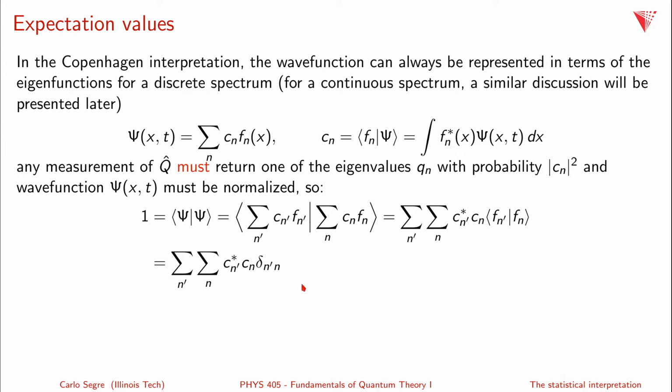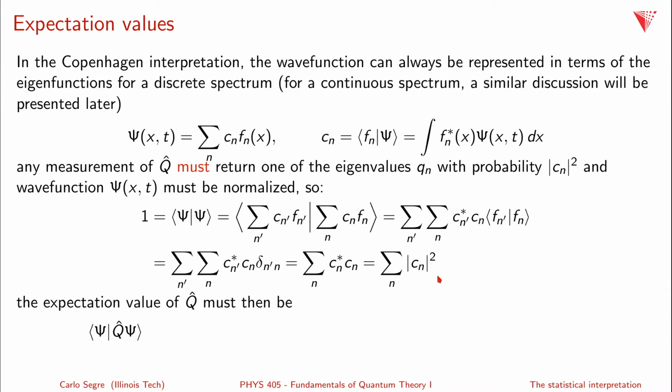And so we're left with then a sum over n of c sub n star c sub n, the n primes convert to n, and that's just the sum of c sub n modulus squared. And so normalization puts a constraint on the coefficients of this sum that makes up psi of x and t.